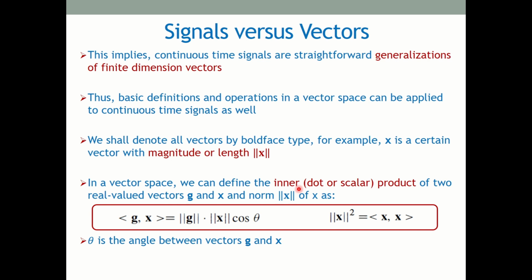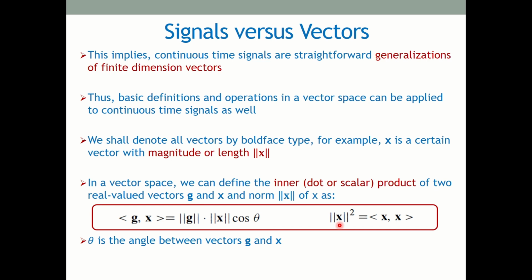So we know that for vectors we have a product which is generally called the dot product of two real valued vectors g and x, and norm x. The norm is the magnitude of a vector. So the dot product is generally represented in literature like this: g comma x, and it's equal to the magnitude of g multiplied by the magnitude of x and the cos of the angle between g and x.